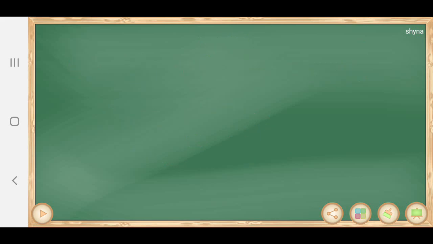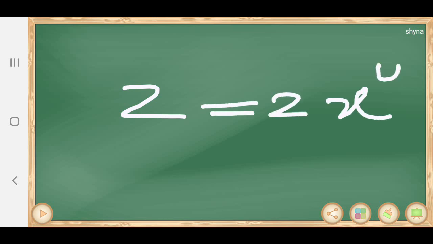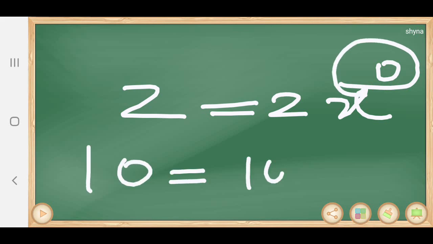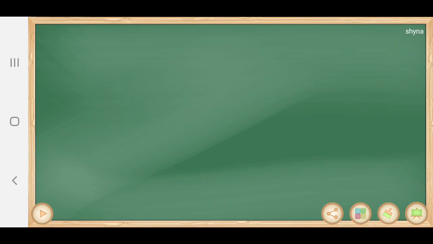Next, let me ask, what is the degree of a constant polynomial? 2 is a polynomial. What is the degree? 2 equals 2x raised to 0, so the degree of the polynomial equals 0. Then 10 equals 10y raised to 0, degree of the polynomial equals 0. Below that, write degree of the constant polynomial: 2 equals 2x raised to 0, 10 equals 10y raised to 0. We are writing repeatedly, so no need of more examples.